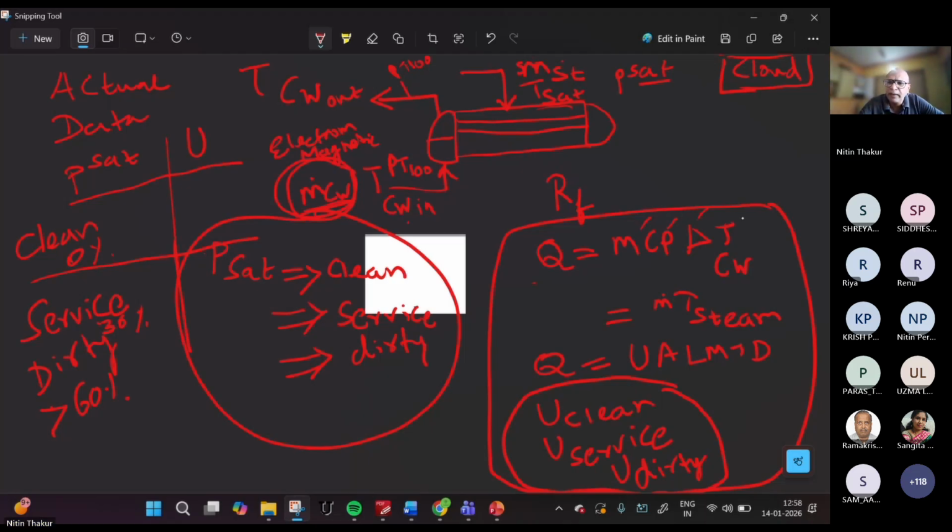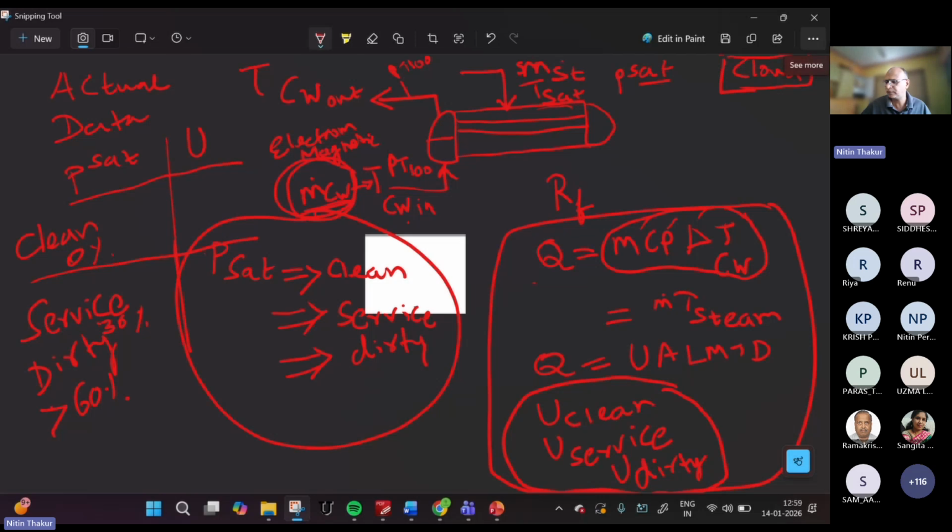That helped us to give this equation: MCP delta T on the cooling water side. So these are the instruments really involved for measuring the temperature and the flow across the condenser.